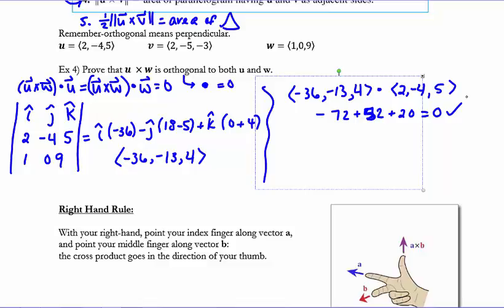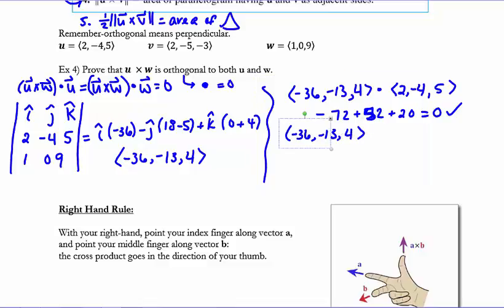That equals 0. So therefore, the cross product is orthogonal with u. Now let's take the cross product and dot it with w. Negative 36 plus 0 plus 36 equals 0 again. Therefore, u cross w is perpendicular to both u and w.